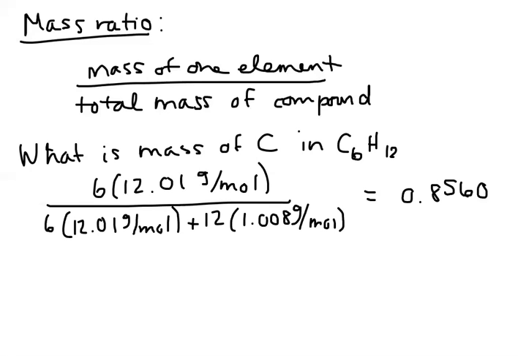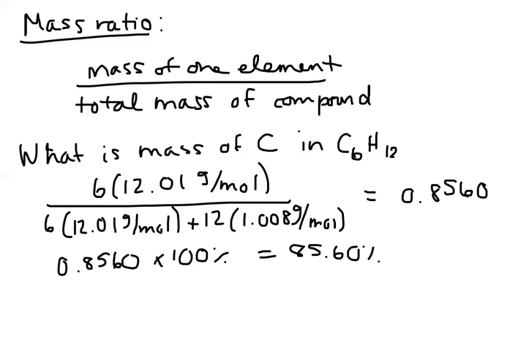So if I wanted to say what the mass percentage of carbon in C6H12 would be, what would I do? Percentage. Multiply by 100%. So this would be 0.8560 times 100%. And that would give me 85.60%. So this is mass percentage.